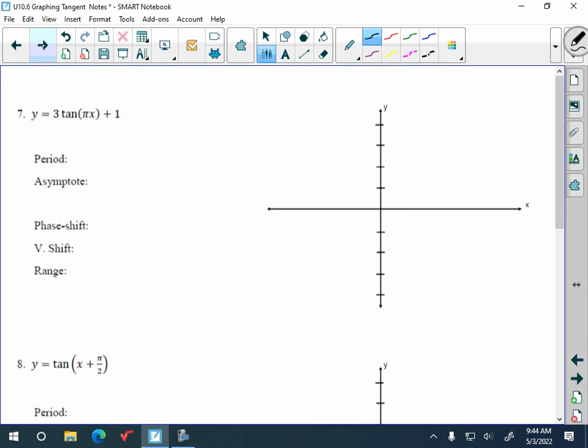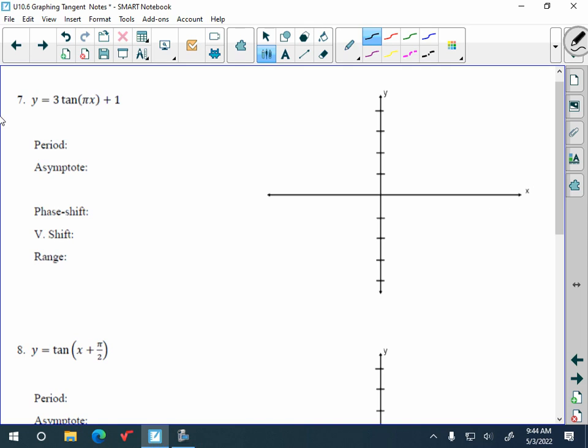All right, so number 7. We'll go pi divided by b. B is pi, so this simplifies to 1. Our asymptotes are at pi x equal to plus or minus pi over 2.